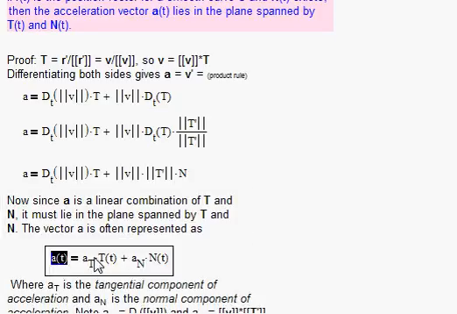The acceleration vector a of t is the tangential part times the tangent vector plus the coefficient of the normal part times the normal vector.